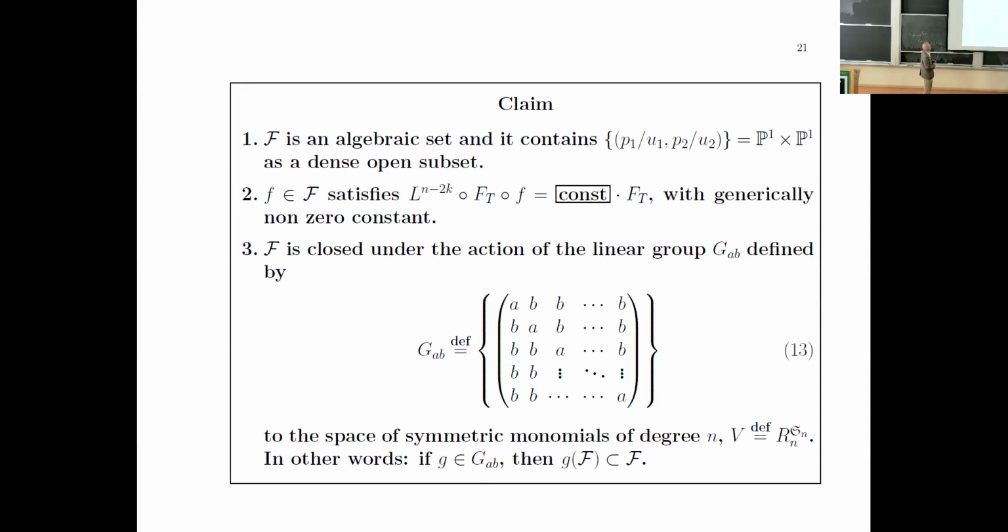If the family is an algebraic set, and it contains this algebraic set as a dense open subset, and if F is given, it will satisfy this equality, and it is not zero as a polynomial.